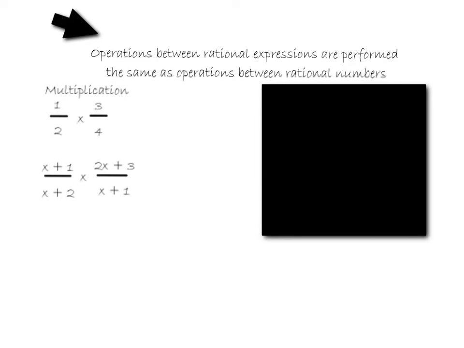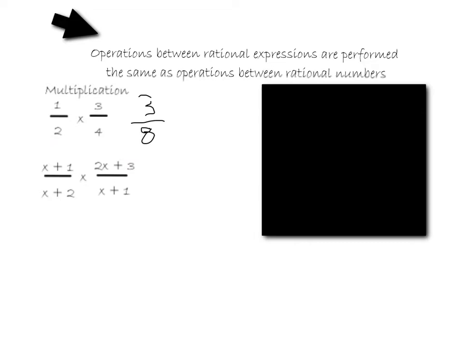If you are multiplying rational numbers, like these fractions here, you just multiply straight across. So 1 times 3 is 3, 2 times 4 is 8, and you get 3/8. Easy as pie.